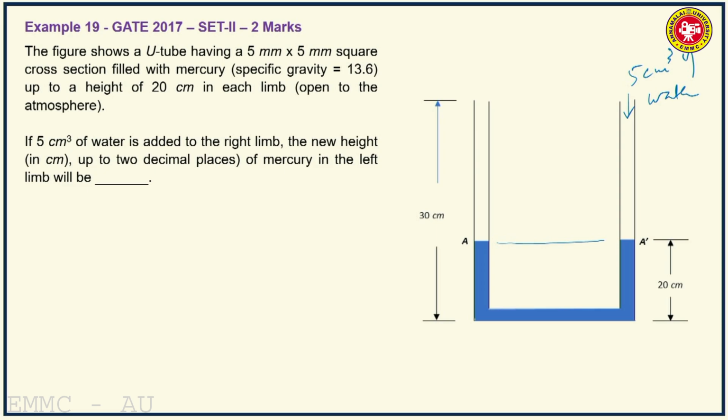Because of the pressure exerted by this 5 centimeter cube volume of water added to the right limb, the mercury level here will go down below A prime, and correspondingly the mercury level in the left limb will go up above A. So you are asked to find out the new height in centimeters of mercury in the left limb. It will be higher than 20 centimeters. So let us find out how much it is.